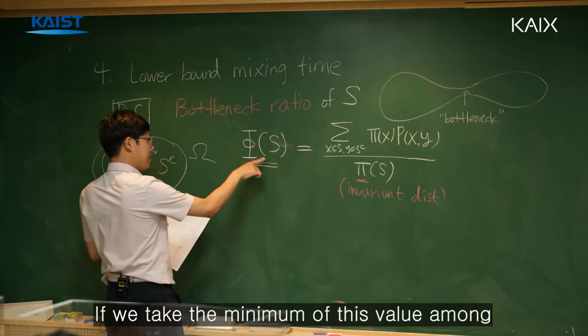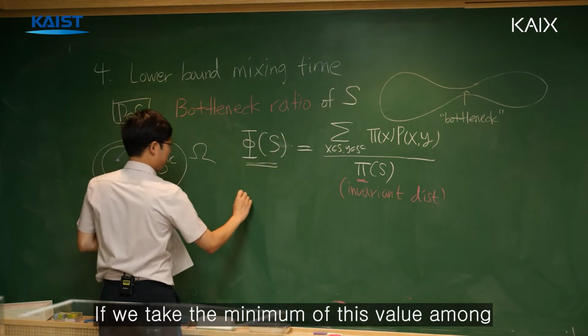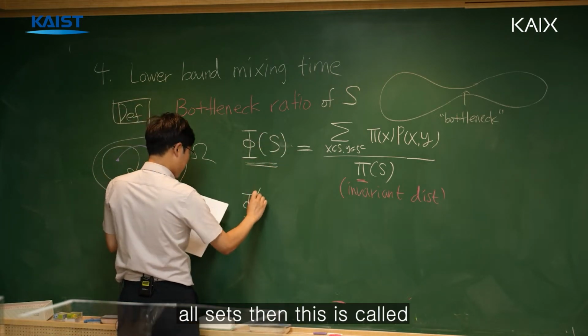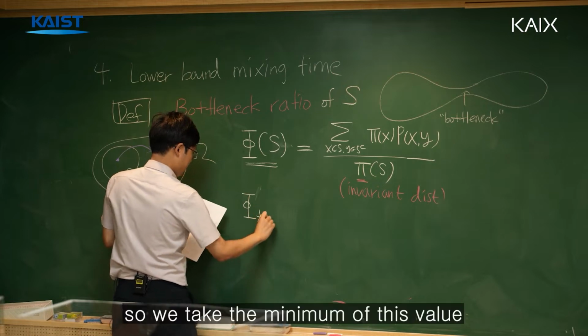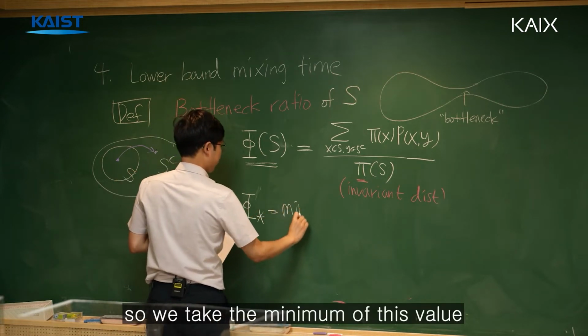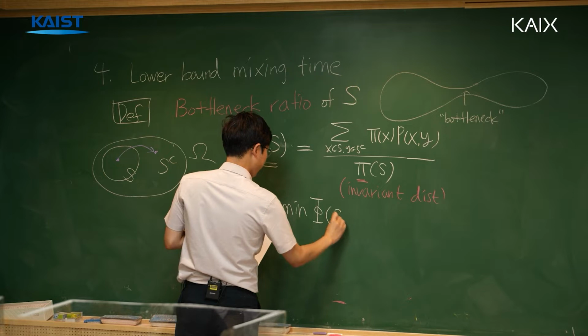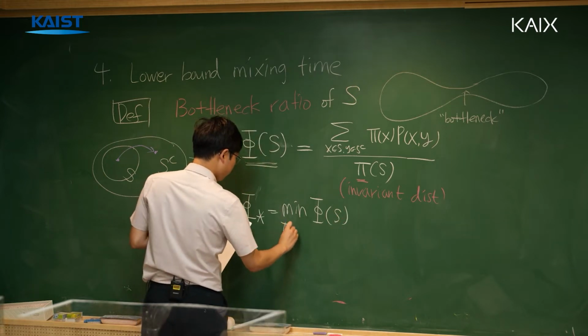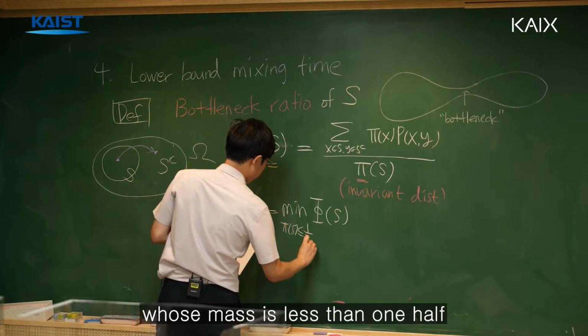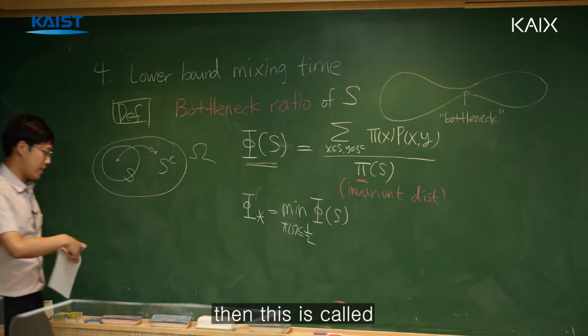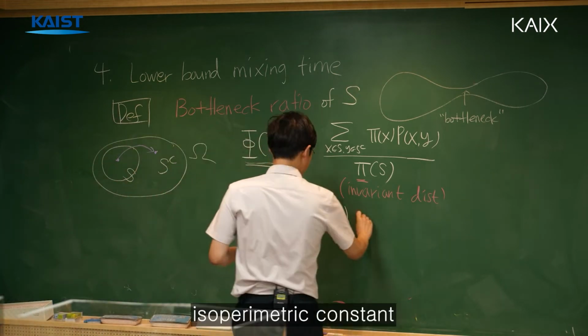If we take the minimum of this value over all sets whose mass is less than 1/2, then this is called the isoperimetric constant.